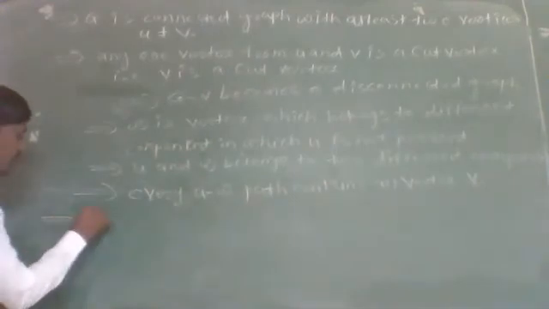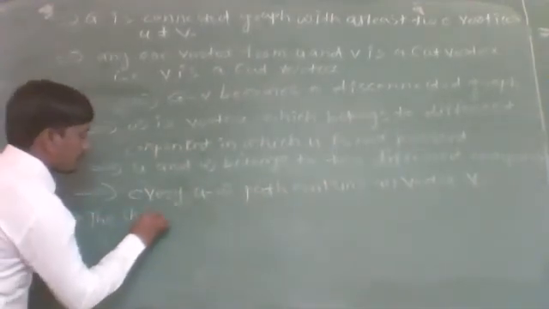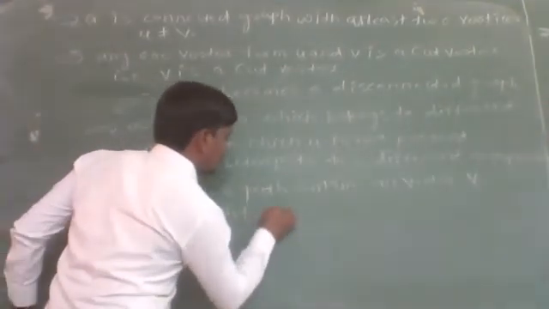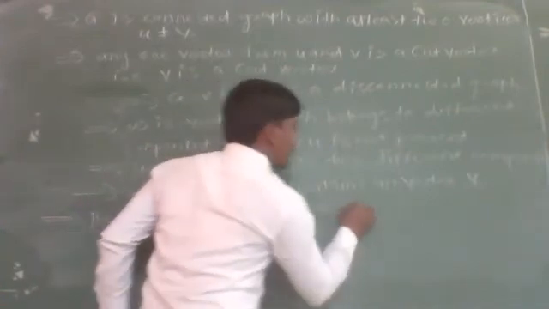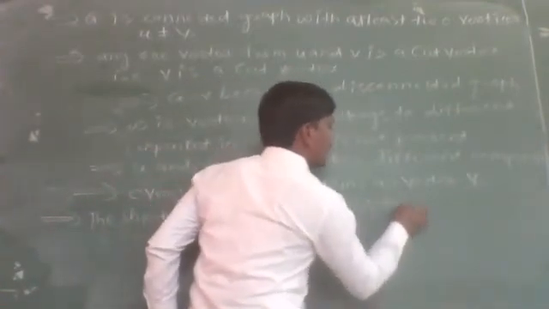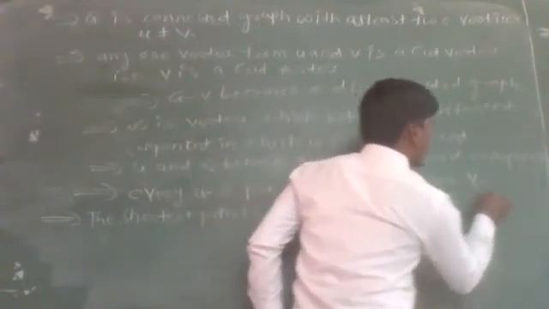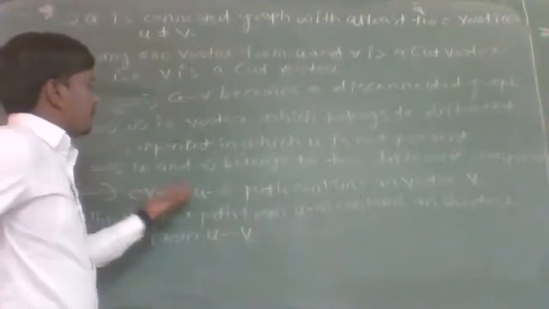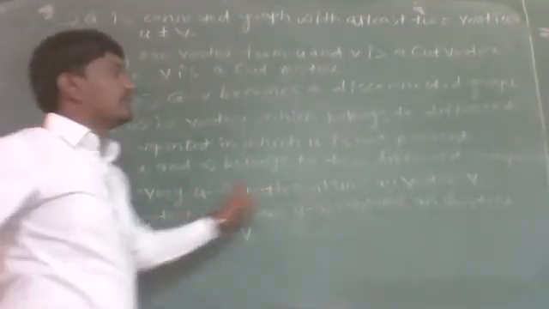So every U to W path contains vertex V, which implies the shortest path from U to W contains the shortest path from U to V. So since vertex V is in between every path from U to W, the shortest path from U to W contains the shortest path from U to V.